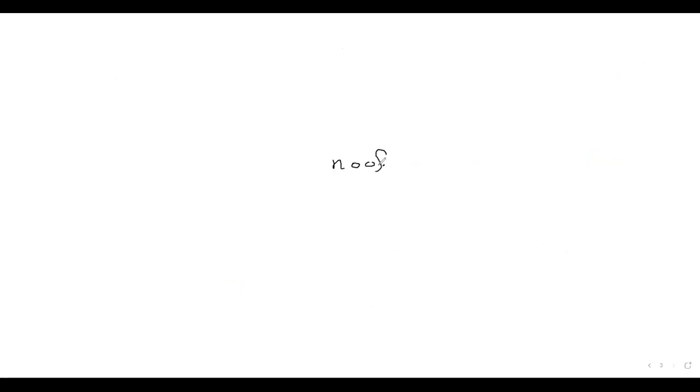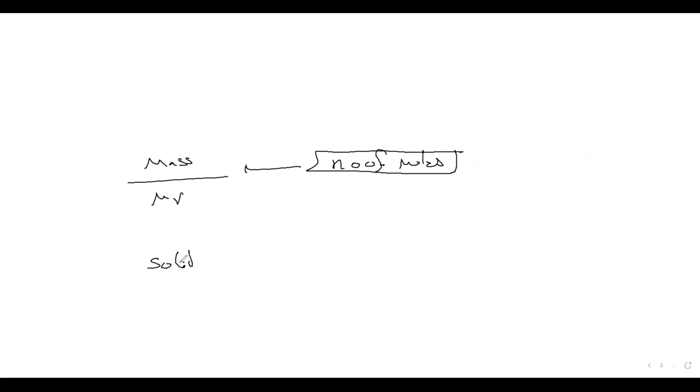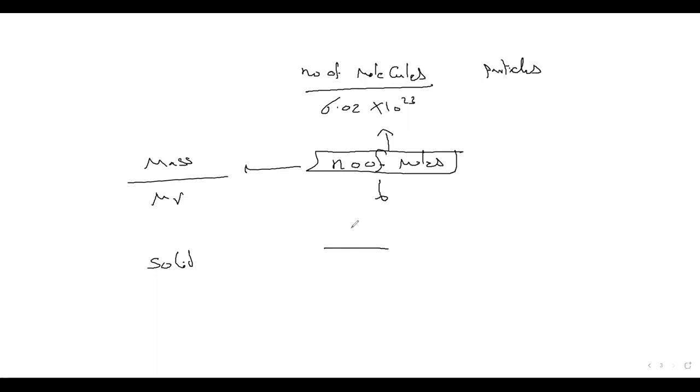Number of moles is equal to mass over molar mass in case of solids, equal number of molecules over Avogadro's number 6.02 times 10 power 23 in case of particles, equal volume in decimeter cubed over 22.4 at STP, standard temperature and pressure.